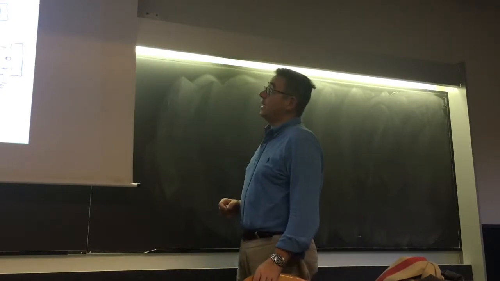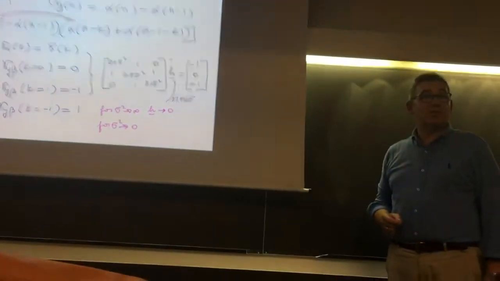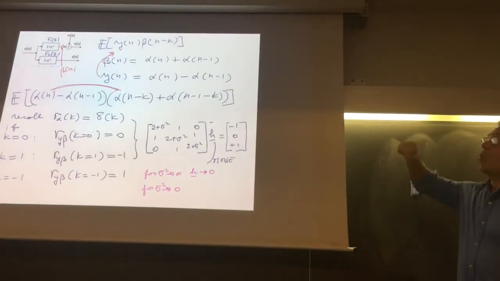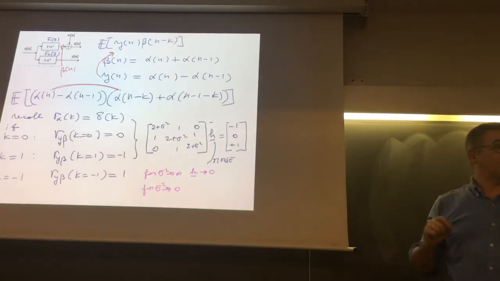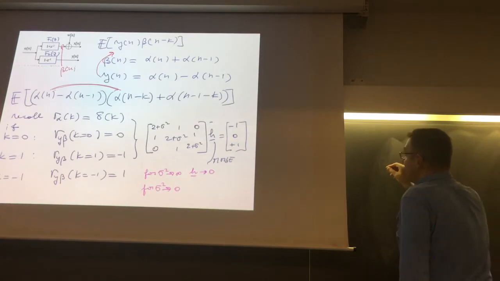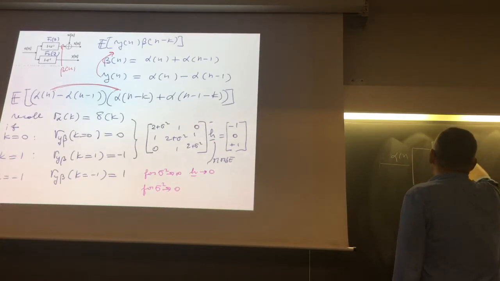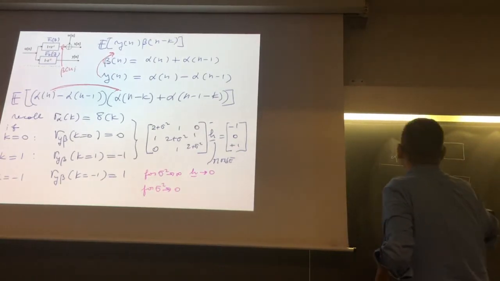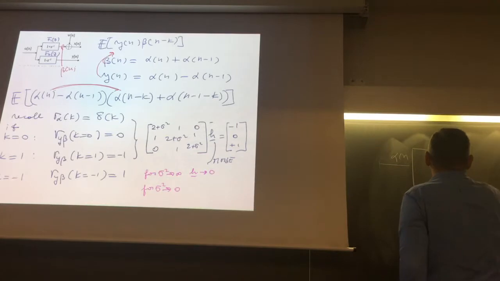Let's assume that I tell you now that I want to use x and y to estimate alpha. So imagine I modify the exercise as follows. I have alpha n, and then I have 2 filters: 1 plus z minus 1, and 1 minus z minus 1.